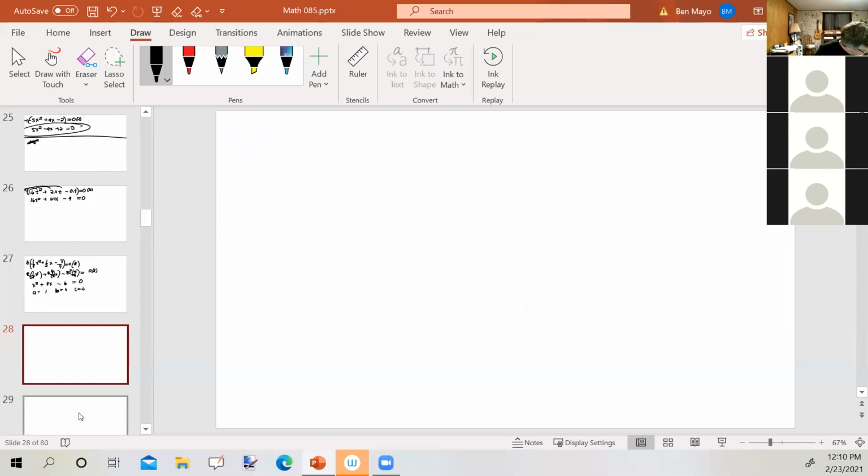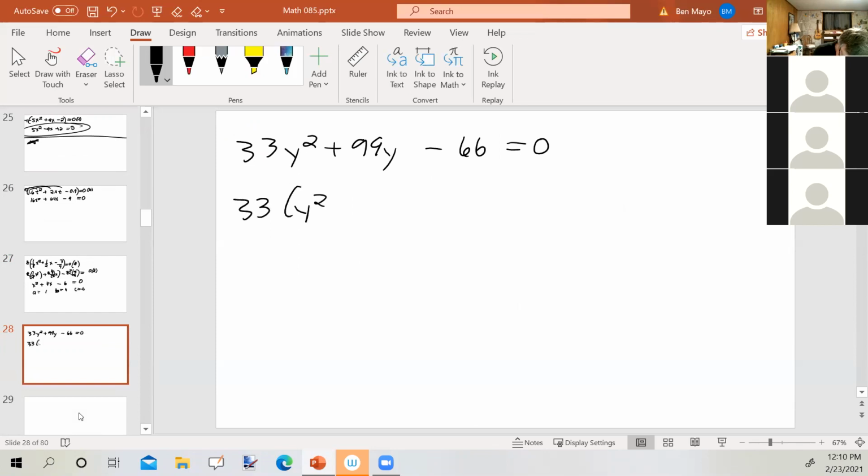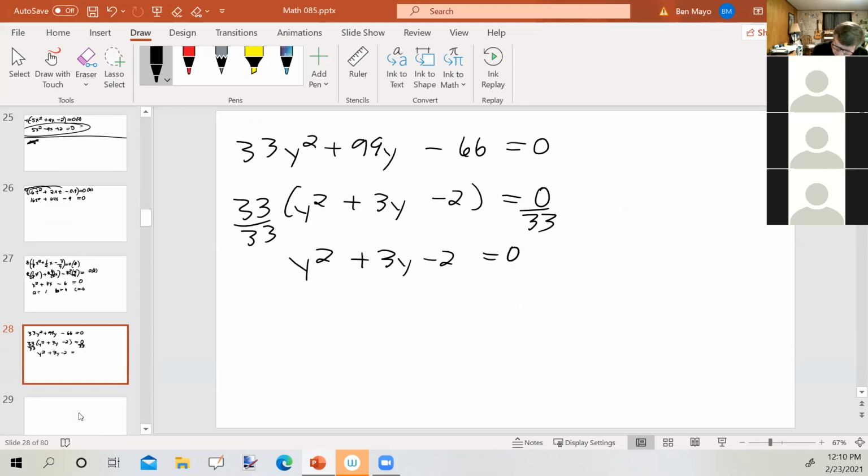Finally, let's say we had this one, 33y squared plus 99y minus 66 equals 0. Well, we could factor a 33 out of the left side of the equation. We could then divide both sides by 33 and reduce it down to this.